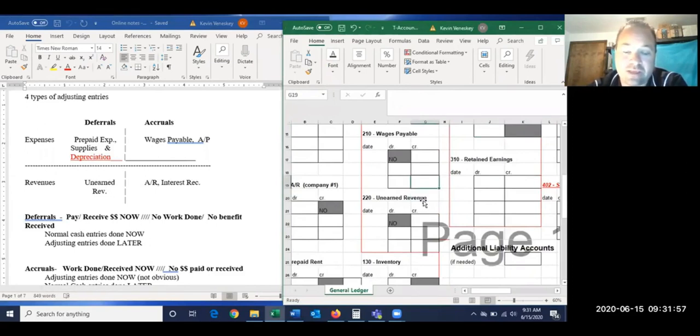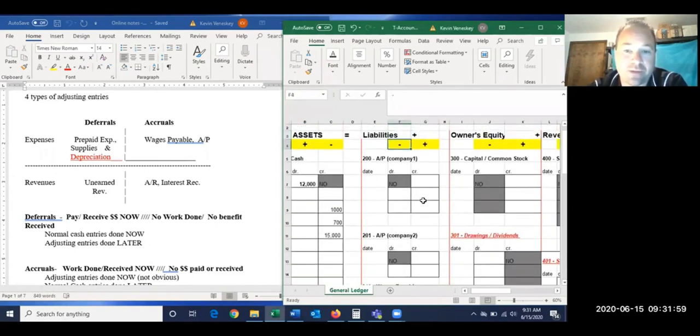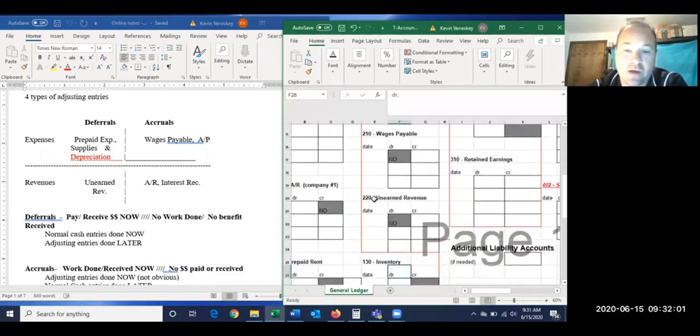So when you look at the T accounts here under the liabilities, unearned revenue is something besides cash that I owe to one of my clients. Most of liabilities are cash. This one is one of the odd ones that it's not cash. I actually still owe them a service.